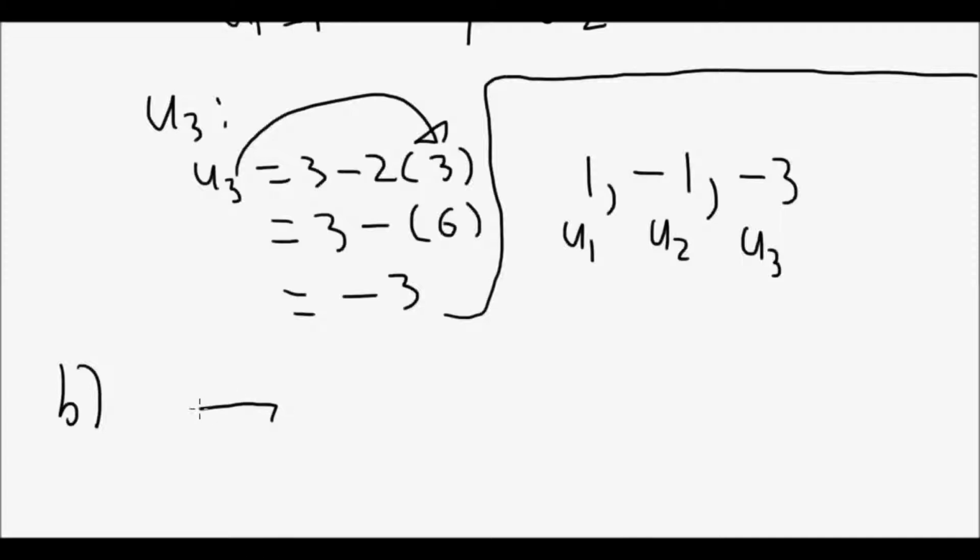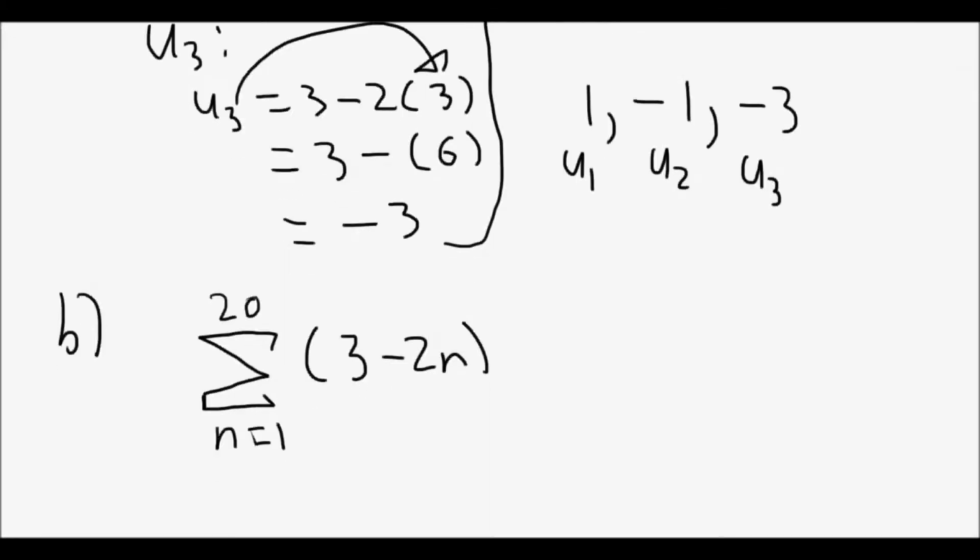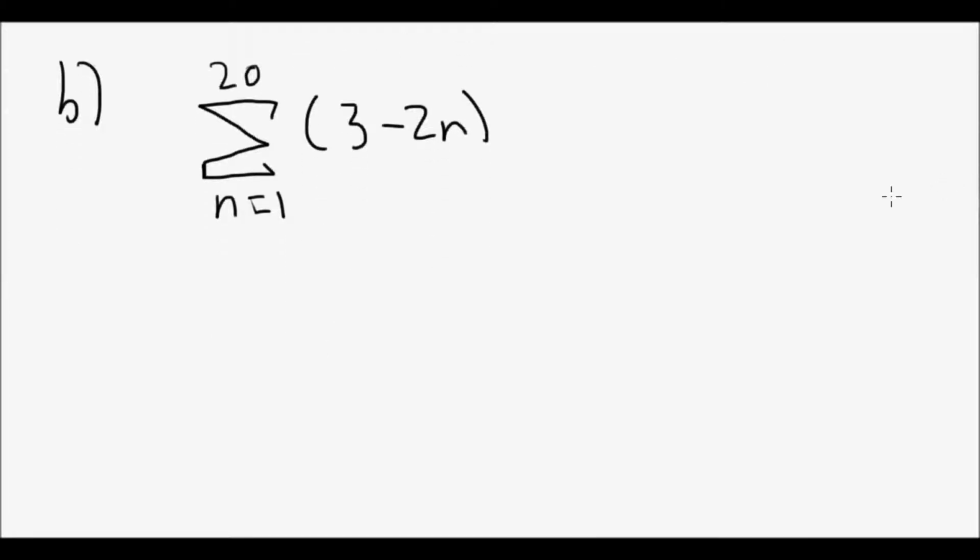So we have this really scary looking sign, and this is going to be n equal to 1 going to 20, and we're looking at the function 3 minus 2n. So this is a summation function, and it's asking us to evaluate this.